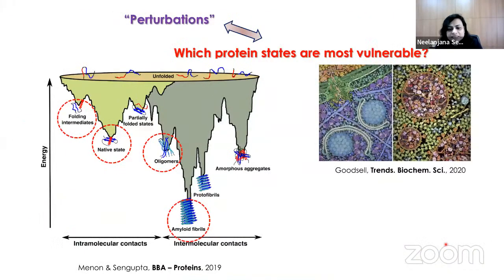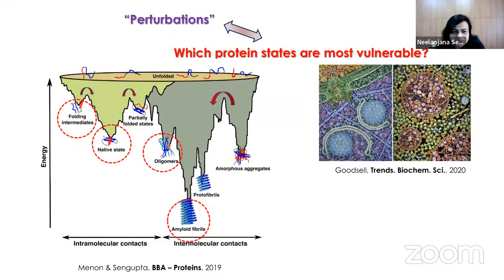journey. Generally, in my group, we are interested in understanding the behavior of biomolecules under a variety of conditions. This is a schematic of an energy landscape. Essentially, we are interested in understanding what we expect if we subject these states to a variety of perturbations, such as what you have in a real biological environment. Of course, we are also interested in estimating the transition rates between different states.